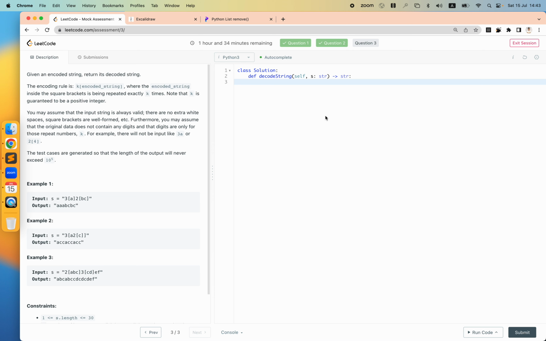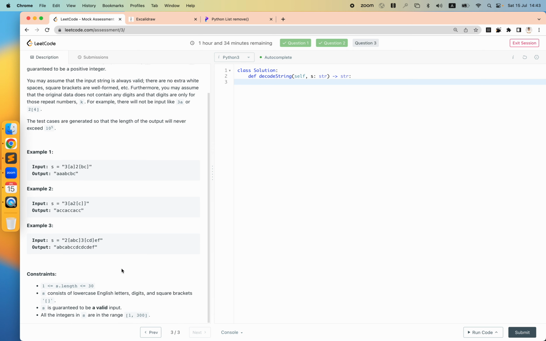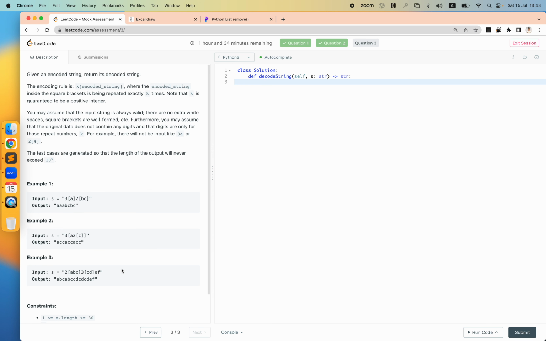Okay, is there any nested? Yes, it can be nested. So if it's nested, I need to process the inner one further before doing the outer one.